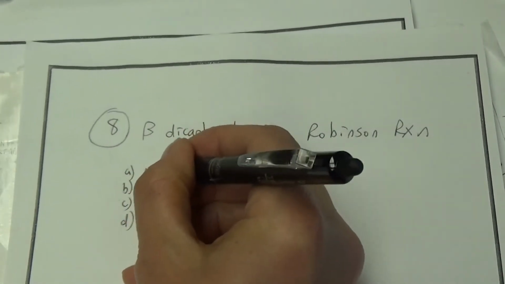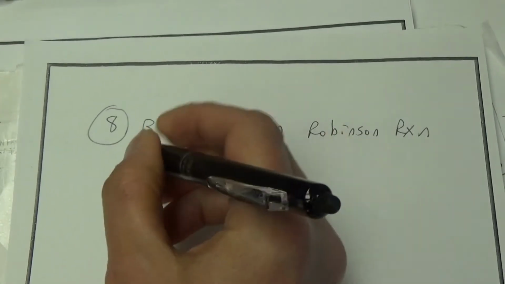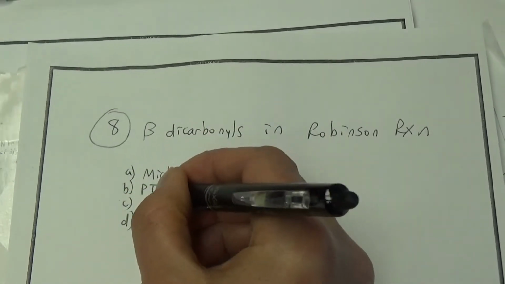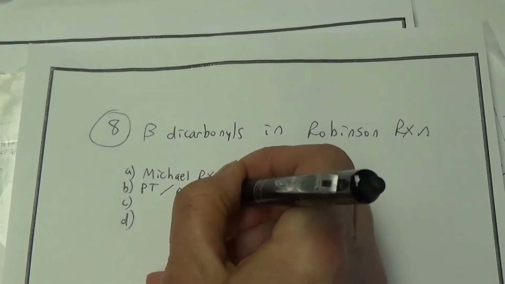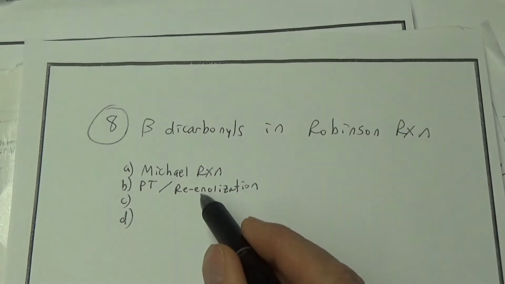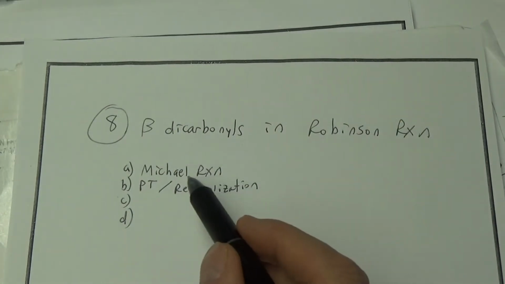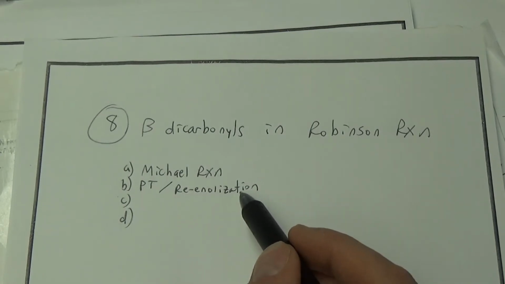See, first you do a Michael, then you do proton transfer, or what I say, re-enolization. That's what I call it. Essentially moving the enolate from, because Michael creates an enolate, and step B will move the enolate from one side to the other. Okay.